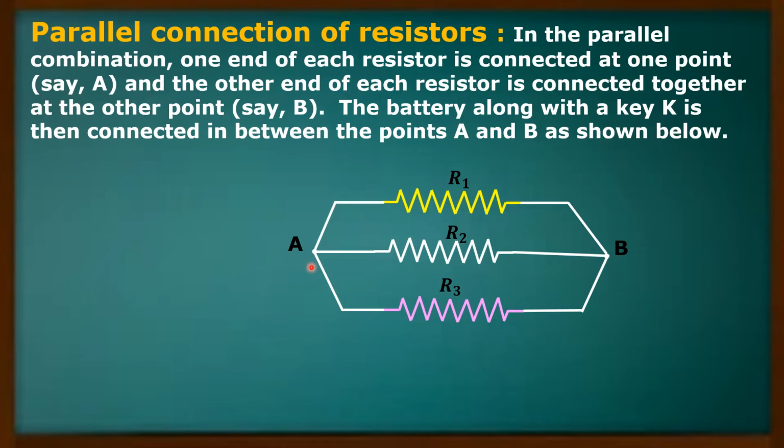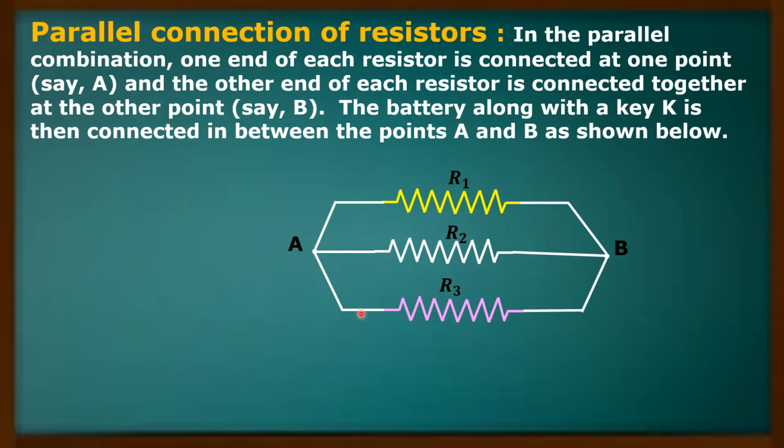Here current passes from A to B in more than one way. If one resistor gets damaged, current will not stop in the circuit. So there is more than one way between A and B to pass the current.